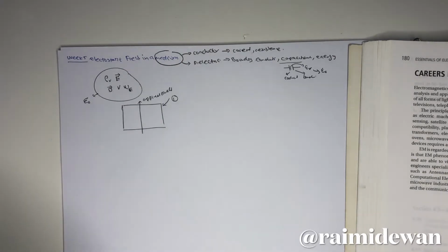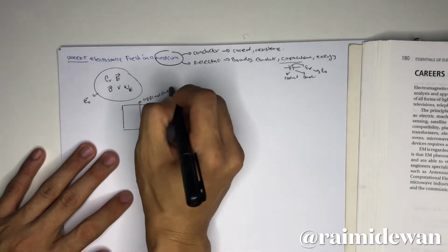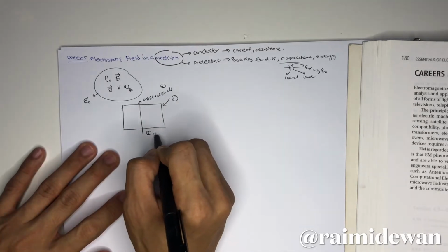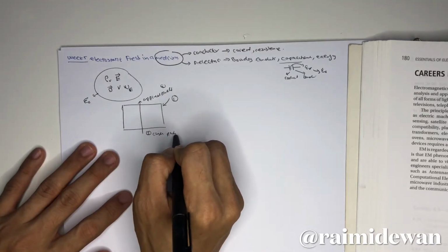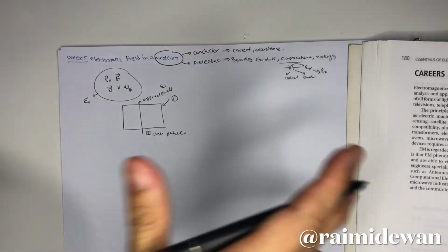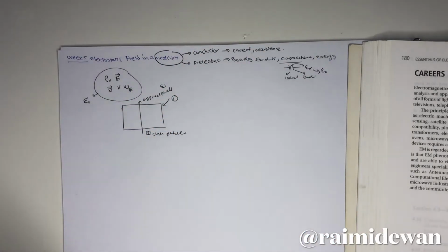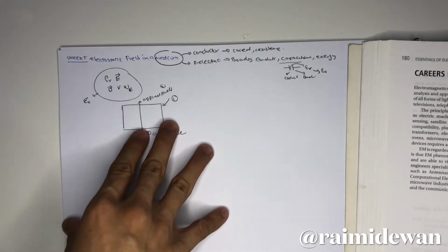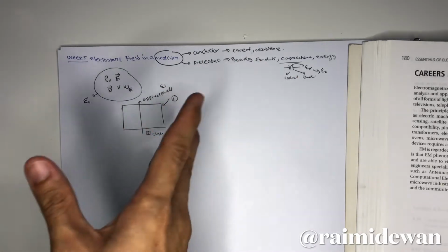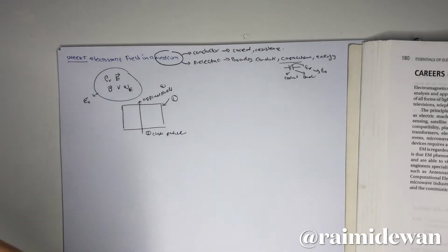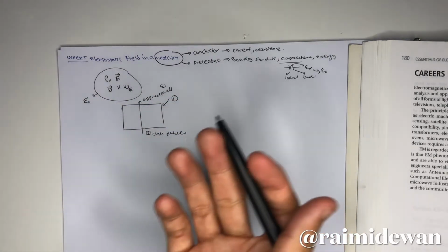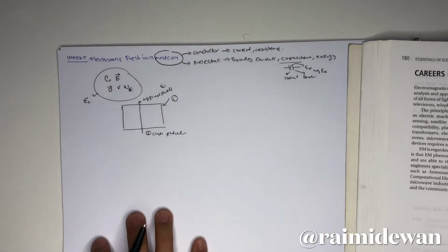And third is the moving charge particles. In our system, what is actually moved? I think you also learned in secondary school or foundation that it is the electron, right?